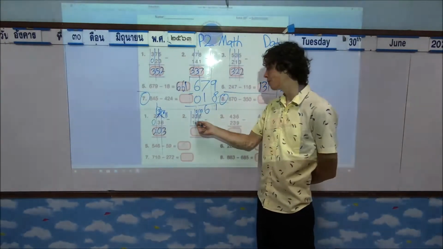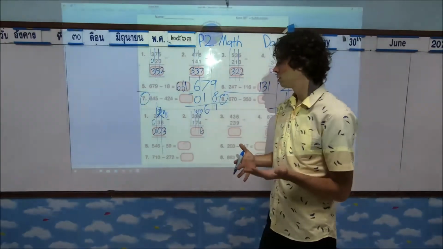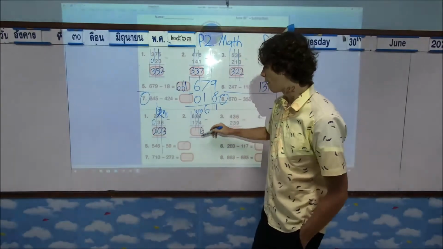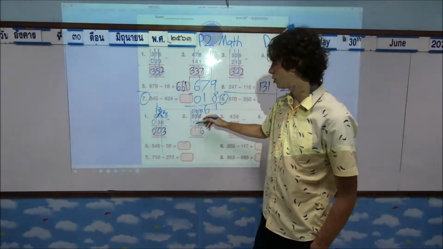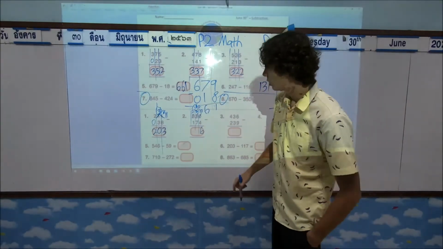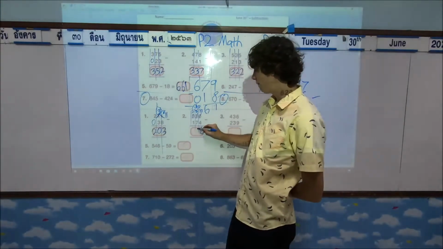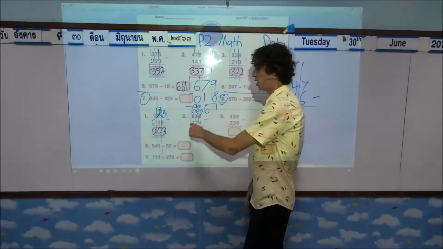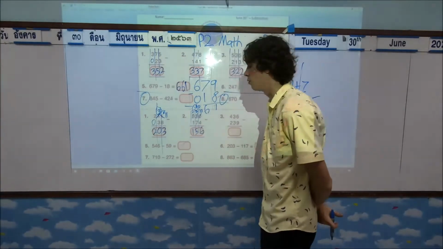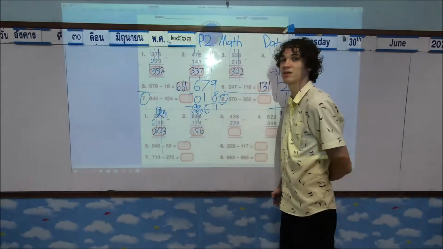Now I have 2 minus 7. Can I do 2 minus 7? No, we have to borrow again. Take 100, add 10. 12 minus 7 is 5. And 2 minus 1, 1. The answer, 156.